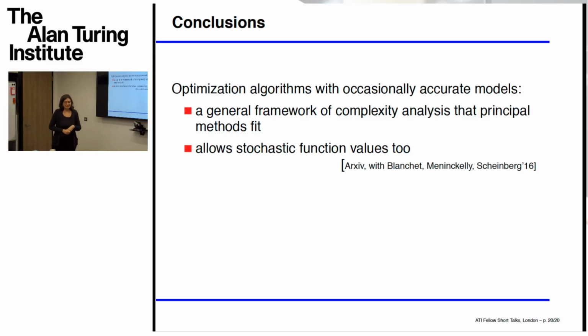The other thing that is important here is that in everything I've just said, I've assumed that I have at least accurate function values. But for stochastic optimization, you lose that. So we were actually able to translate these results with inaccurate, probabilistic models to the case when we don't have accurate function values. So in the true case of stochastic optimization, we have similar results, more restrictive but with similar guarantees.